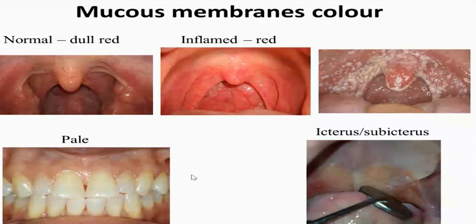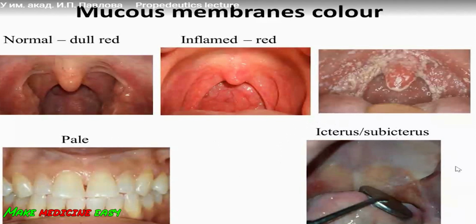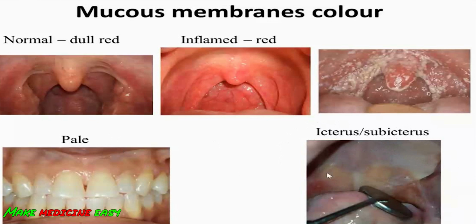The gingiva is pale here. And icterus and subicterus. Icterus means yellow, subicterus means sub-yellow. Actually, icterus in English is translated as jaundice. So jaundice or icterus. And what is subicterus? It is when we can't see the yellow color of the skin, but we can ask the patient to open the mouth and see the yellow color of the soft palate.